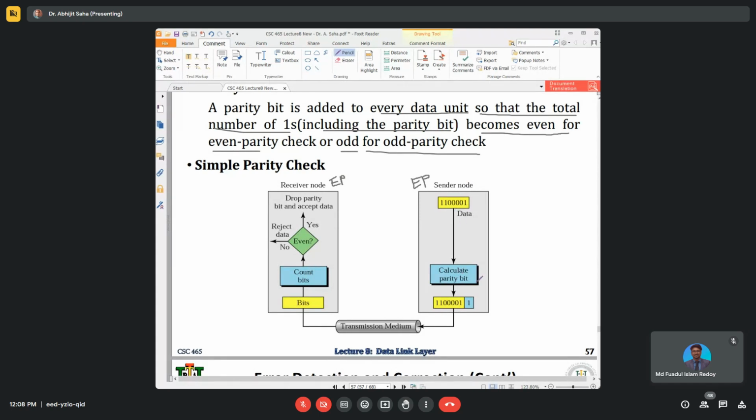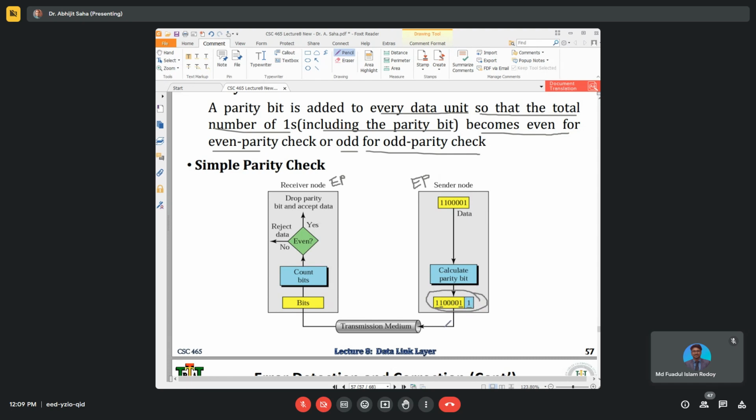When the data comes, it is going to calculate the parity bit. How? If it is even parity, it is going to count the number of ones. You can see that here we have 1 2 3 ones, which is an odd number of ones. That means we have to make it even, because we are using even parity, so we have added a 1.